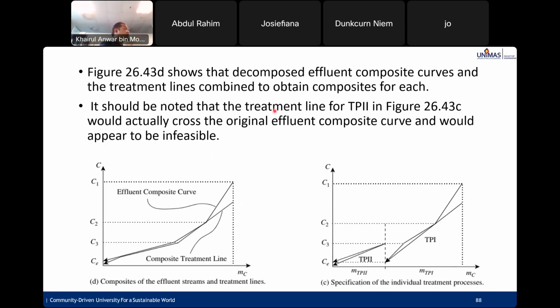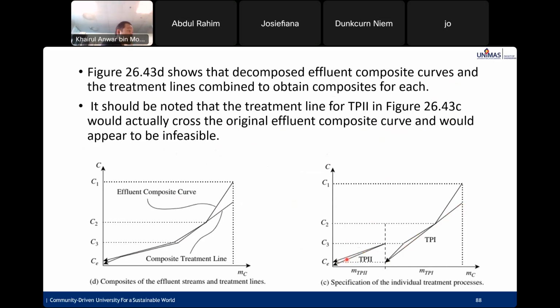It should be noted that the treatment line for TP2 in figure 26.43c would actually cross the original effluent composite curve and would appear to be infeasible. So if you remember the water supply line, this line and this line.